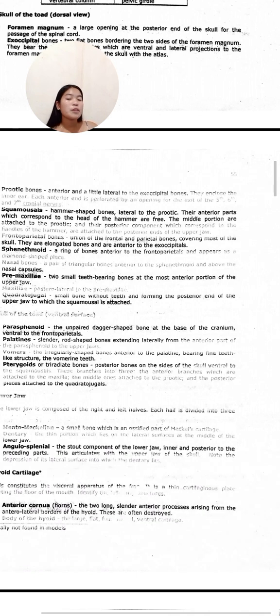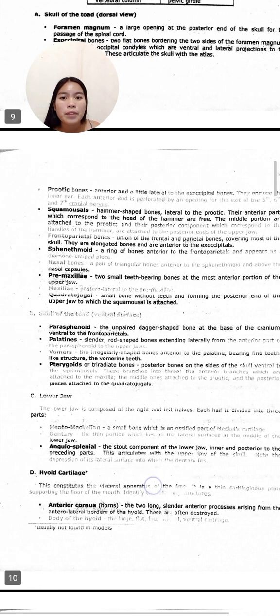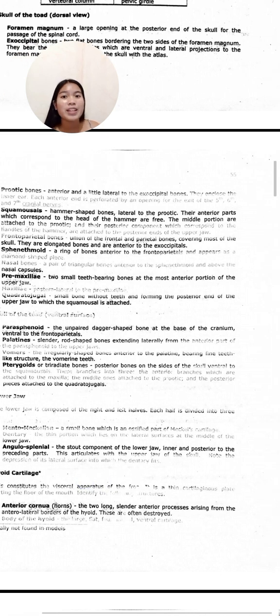Next is prootic bone. Prootic bone, anterior and a little lateral to the occipital bones, includes the inner ear. In other term, prootic bone is an endochondral bone of the brain case. It typically forms the anterior and dorsal surface of the otic capsule.